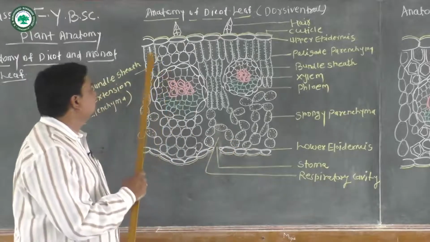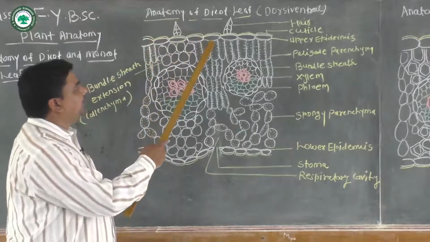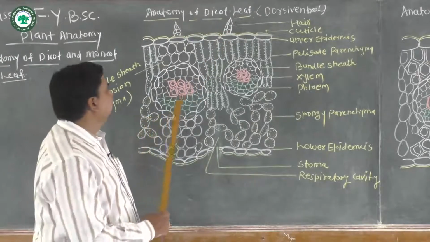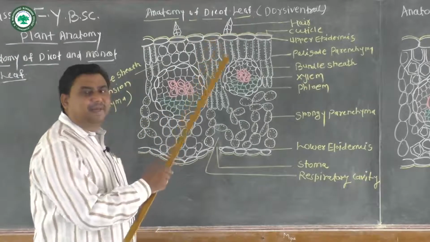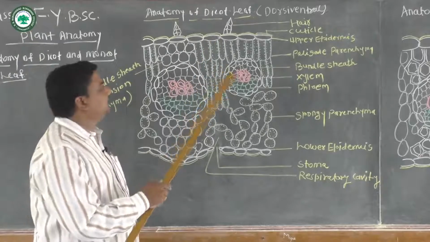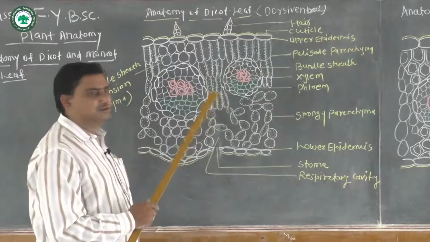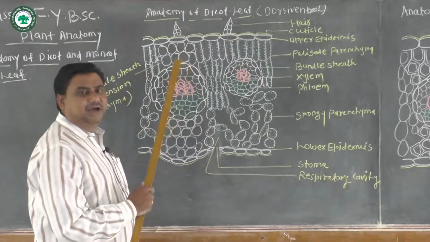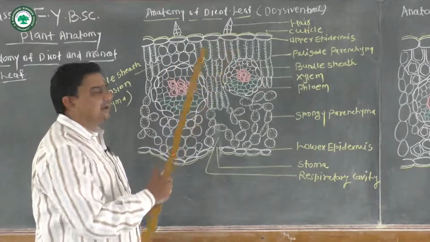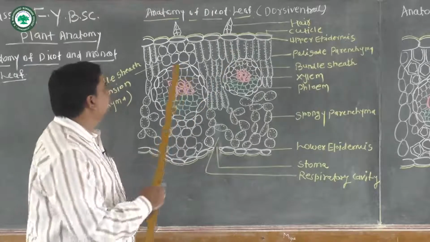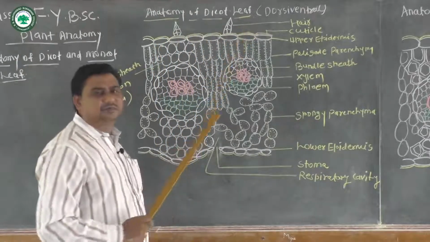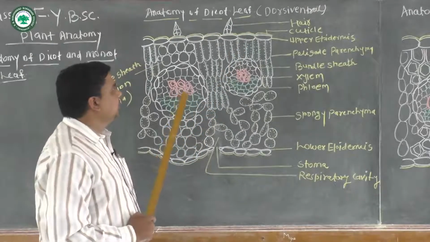Here the upper epidermis is made up of uniseriate, compactly arranged parenchymatous cells. The upper epidermis sometimes has barrel shaped cells. Then above the upper epidermis there is the cuticle.